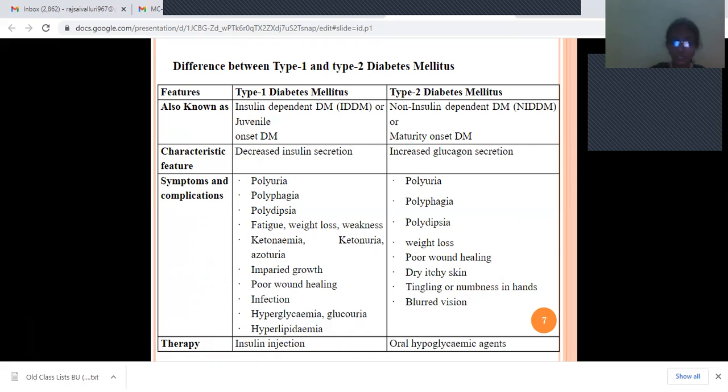So in order to maintain the insulin level in type 1 diabetes, we have to take insulin through injection. But in type 2, we have to control the secretion, so we take oral hypoglycemic agents, that is, tablets taken through the oral route.